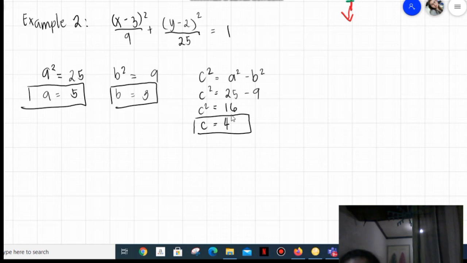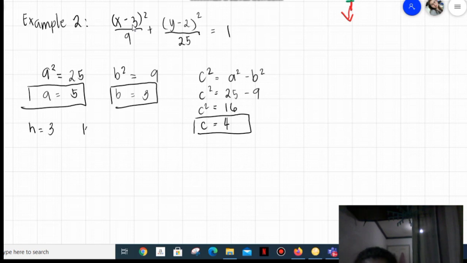And then, kunin naman natin si H, K. Ang H natin is, look tayo sa ating given equation. X minus 3, so this is the H. And then Y minus 2, this is the K. Diba? X minus H plus Y minus K. So, ang H natin, since minus 3 yan, ang H natin ay positive 3.